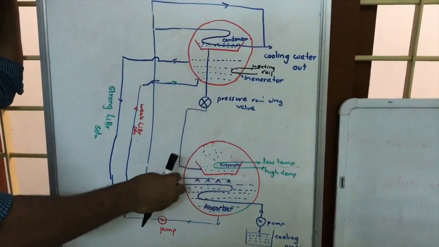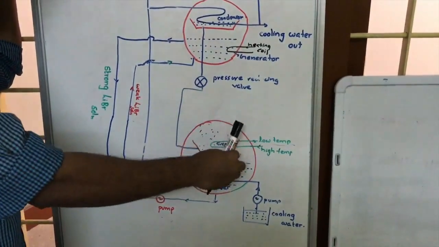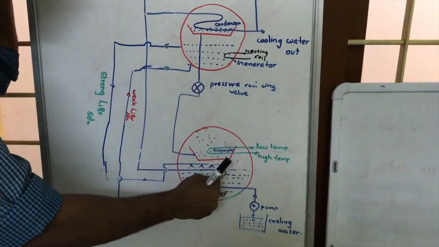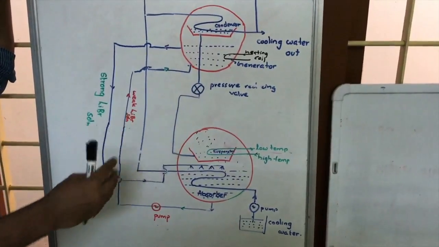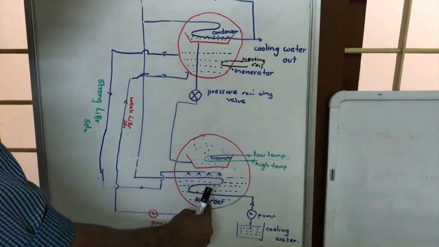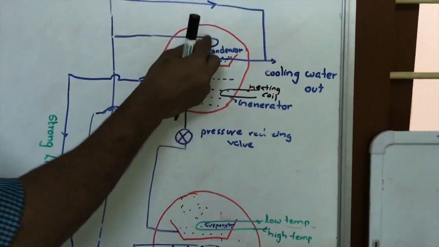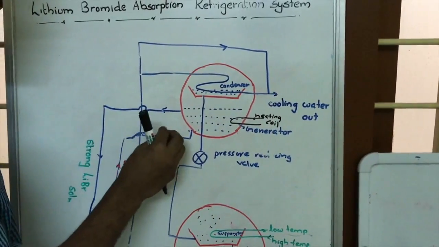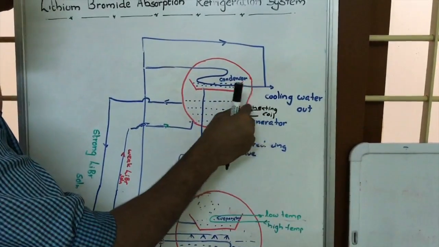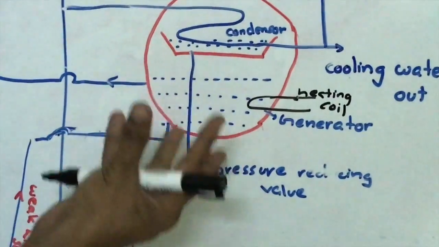So as we know, this is lithium bromide which is coming out. To this lithium bromide water is added, so that the concentration reduces. So we are having a weak solution here. This weak solution is then passed over by a pump to the generator. In the generator, first we are adding the weak lithium bromide solution, and then by a heating coil we are heating this solution.